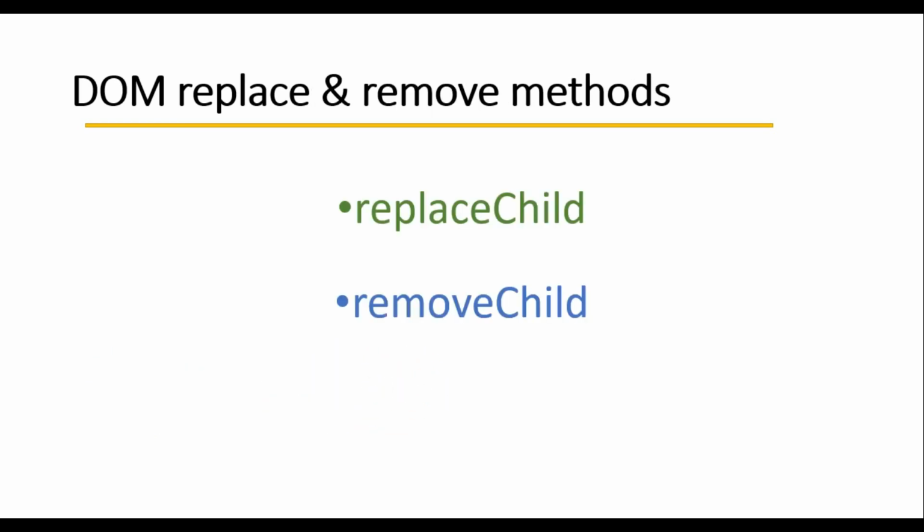So the DOM replaceChild method will replace any text or element that you want to replace, and the DOM removeChild method will remove the element that you want to remove from your file. So first let's take a look at how the replaceChild method works.